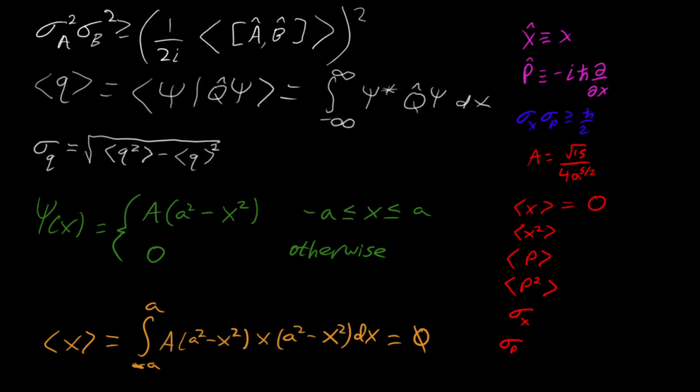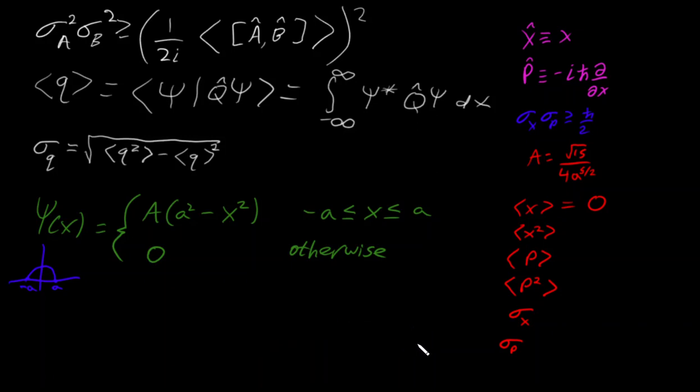So I'm going to rewrite that. I didn't mean to erase that part. Okay. So now let's find the expectation value of momentum. Oh wait, no, sorry. We're still doing x squared. So the expectation value of x squared is the integral from negative a to a of x squared hat, which will be just x squared, because it's x and then another x.